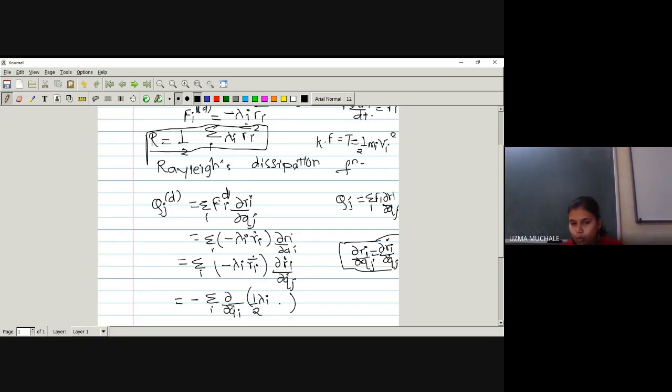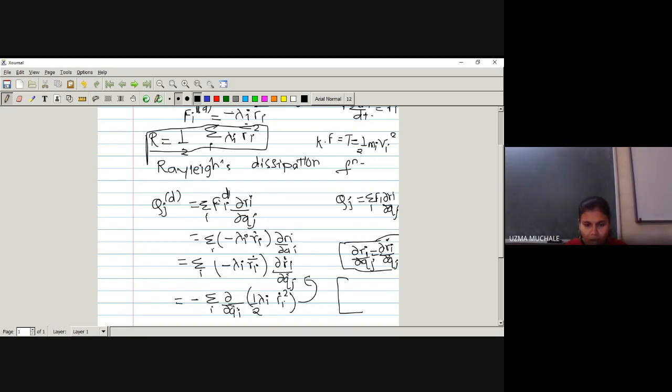So 1 by 2, I will write here Ri dot square. Now let us see whether the equation we have obtained is the same as the equation we derived. This minus and summation will be as it is.